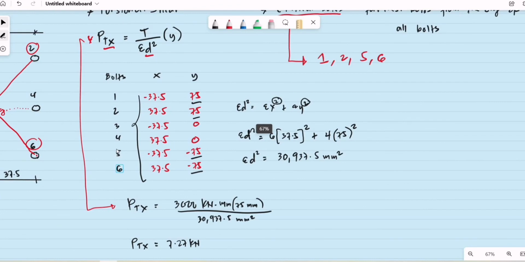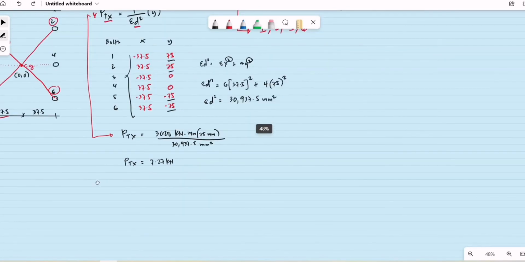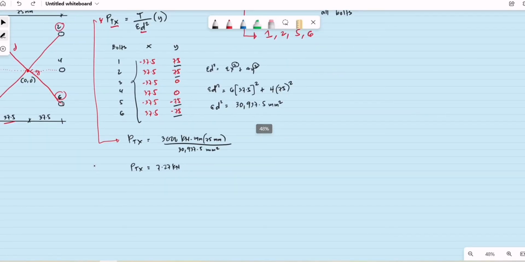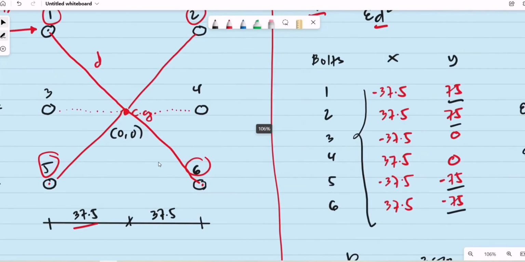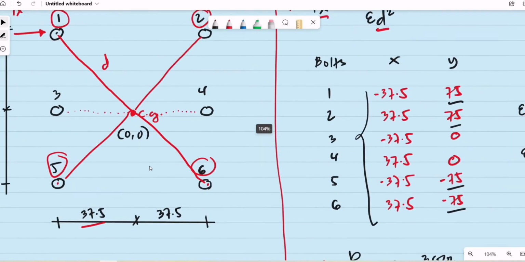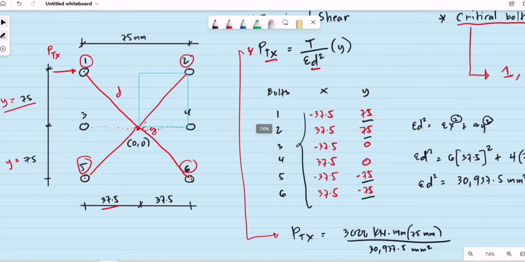So what will be the torsional shear along Y? For the torsional shear along Y, that will be P sub Ty, equal to the net torque divided by the summation of the D multiplied by X. What is the distance of the centroid of each bolt to the center of gravity of all bolts horizontally?